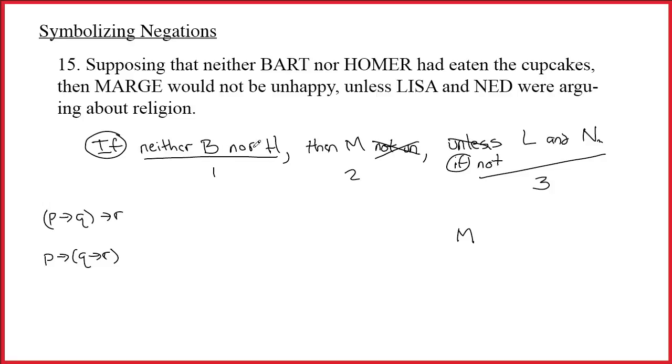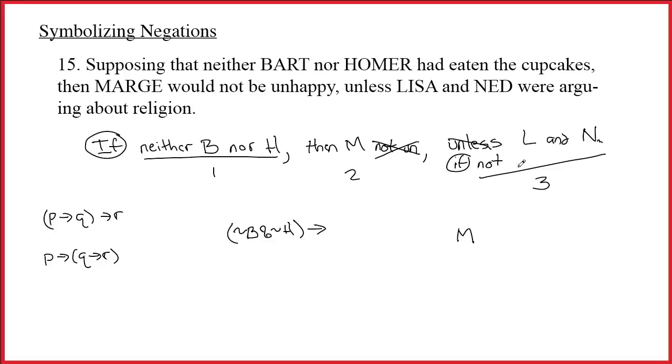Well, what about neither B nor H? This is actually a complex negation after if. Of course, this is the kind that we almost never make mistakes with because pretty obviously neither B nor H is negating both parts. So tilde B and tilde H, arrow. So complex negation after if, but this is an easy one. Not B and not H, arrow.